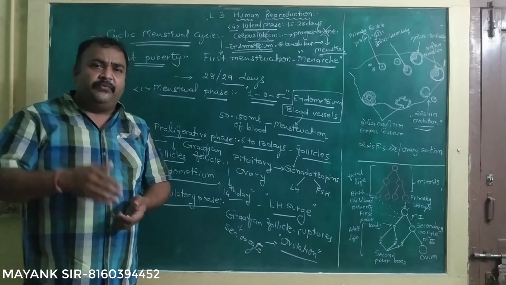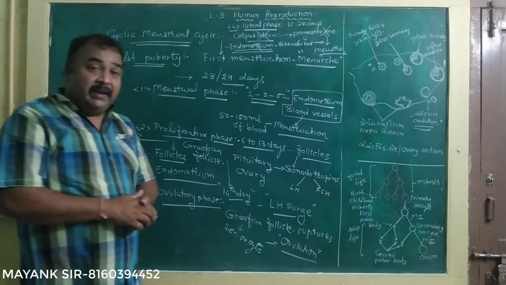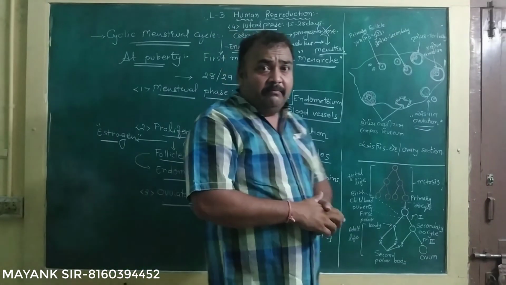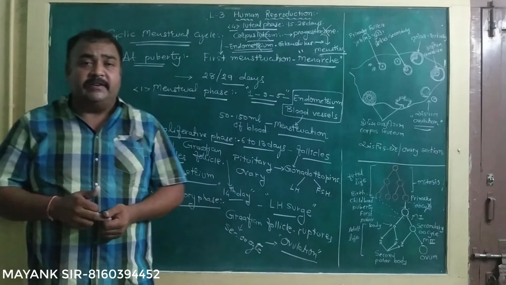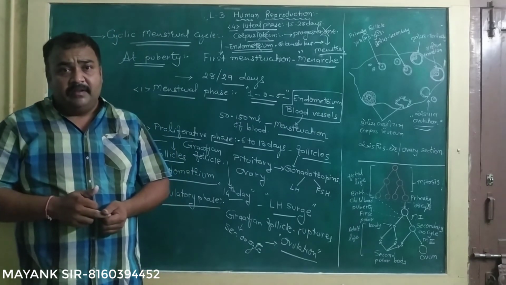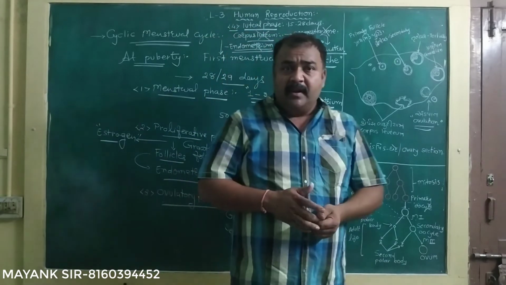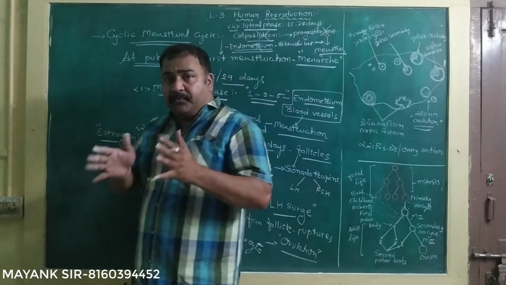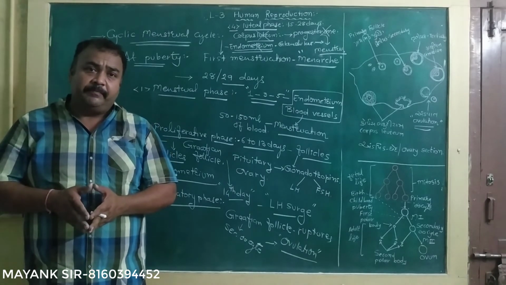The reproductive phase of the female human can be characterized by regular intervals of the menstrual cycle. The menstrual cycle is nothing but the phase between two successive menstruations.